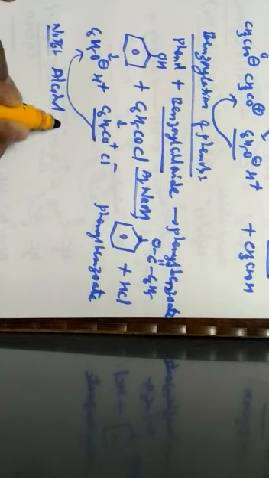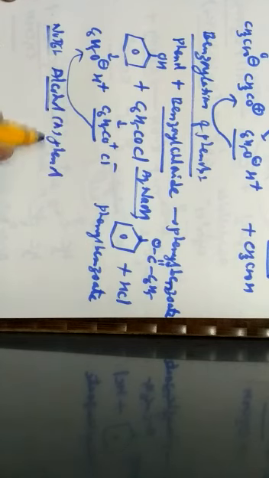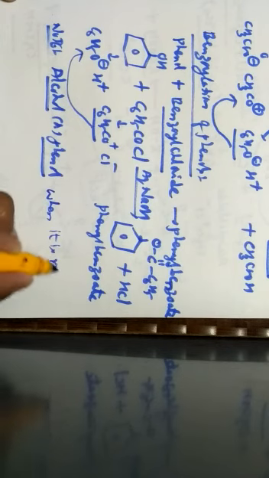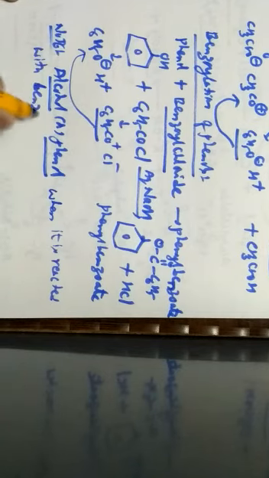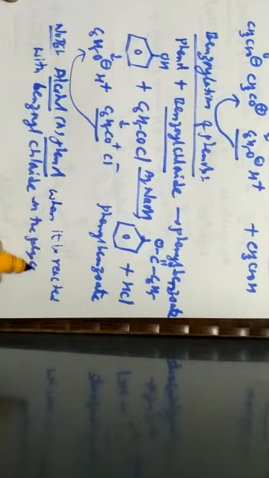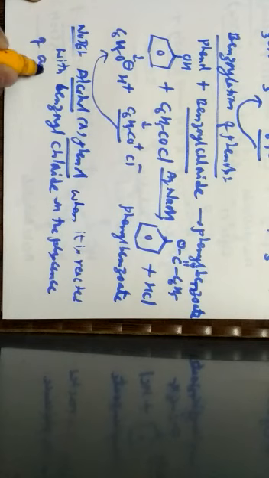When alcohols or phenols are reacted with benzoyl chloride in the presence of aqueous NaOH, the reaction is called the Schotten-Baumann reaction, that is S-C-H-O-T-T-E-N, B-A-U-M-A-N-N, Schotten-Baumann reaction, which is again a named reaction.